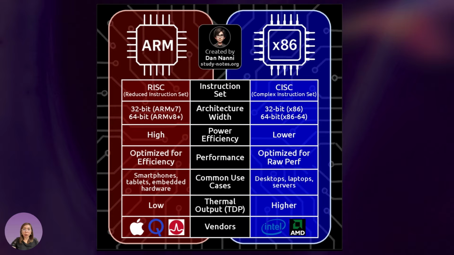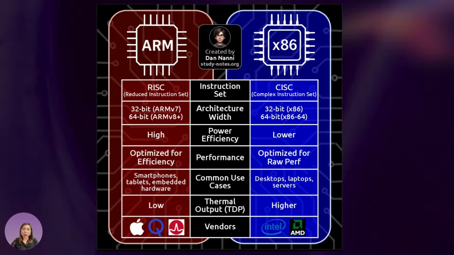I want to dive into what are really the key differences of these two architectures. This visual, credits to the owner, summarizes the fundamental divergence between the two. The difference starts with the instruction set. x86 is a CISC architecture, which was discussed earlier, and is like giving the processor a very powerful but complex tool set.